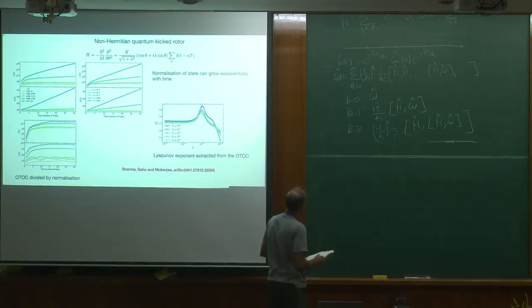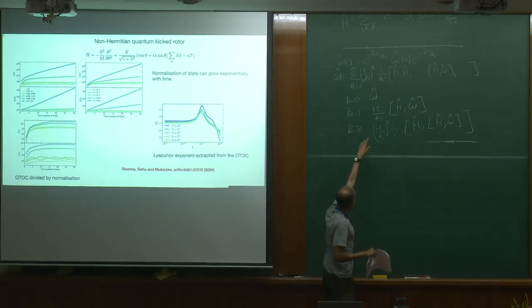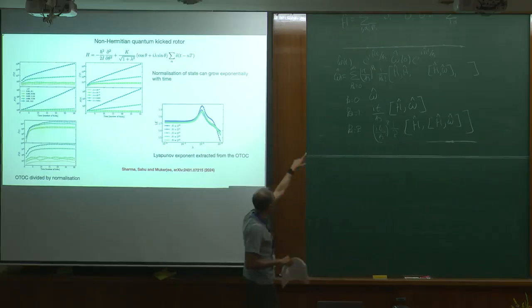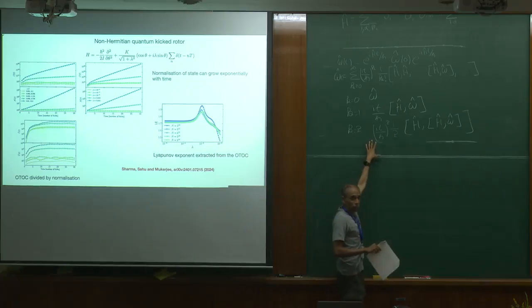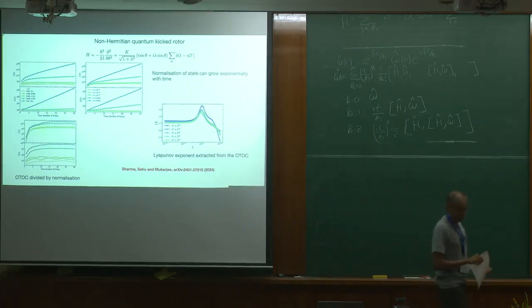And of course, that's the structure of the nested commutators. But remember that the nested commutators in this expression are also accompanied by these prefactors which have time in them. Okay? If you're looking at very short times, then the dominant term is of course always going to be the k equal to 0 term, but then the next dominant term at very short times is just going to be the linear term.